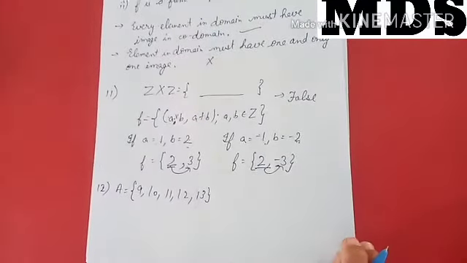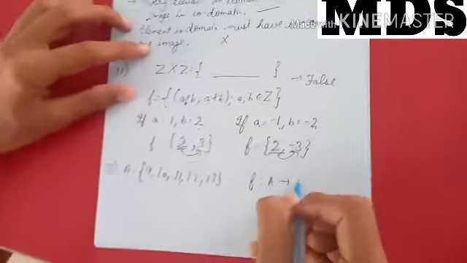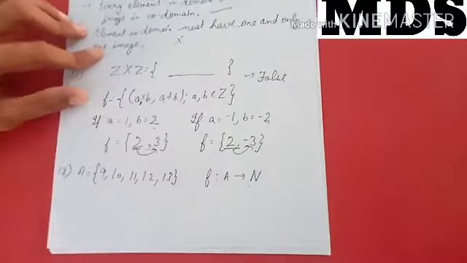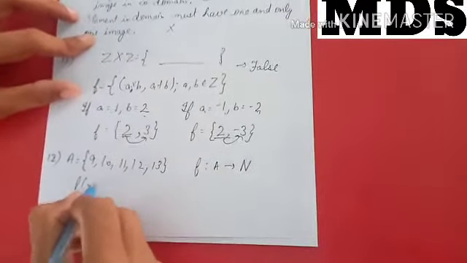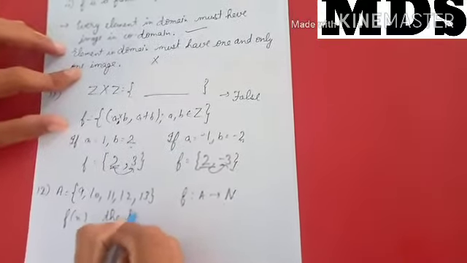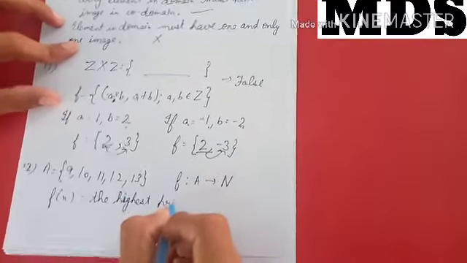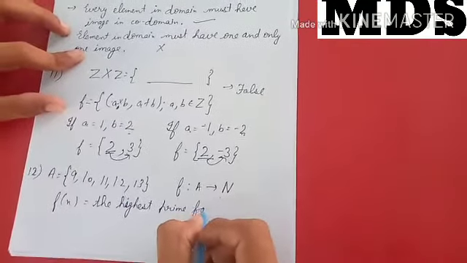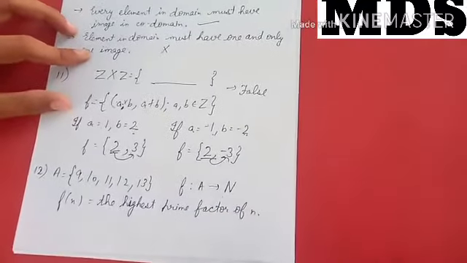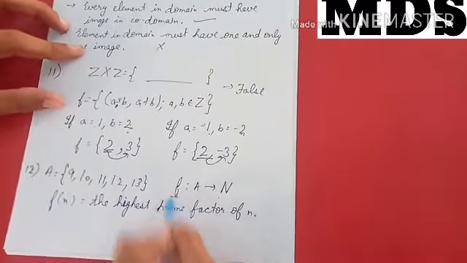And let f from A to N, where N means natural numbers, be defined by f of n is the highest prime factor of n. Now they are asking us to find the range of f.